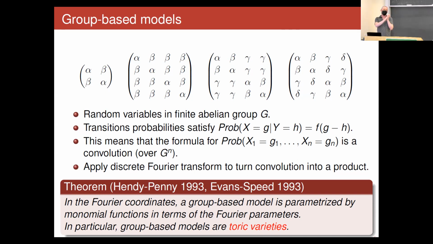So that means that the model can be parameterized in these Fourier coordinates as a monomial. So you're just looking at toric varieties in this case. These group-based models are all just toric varieties, but not in the natural coordinate system, which is the probability coordinates, but in these transformed coordinates, which is like the phase space.